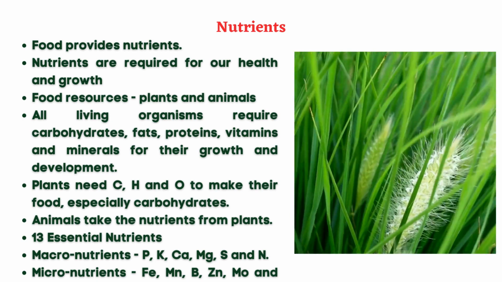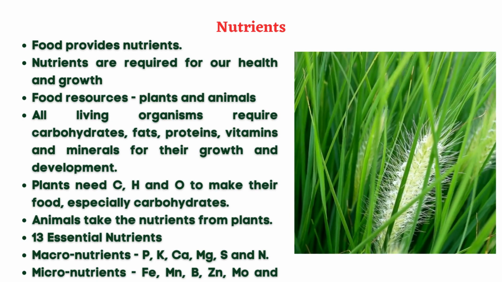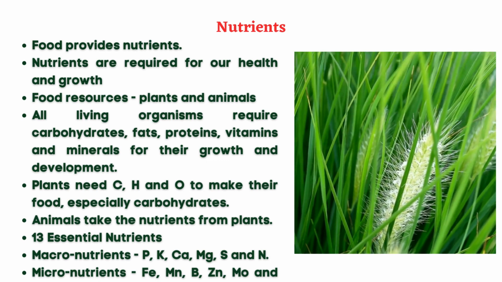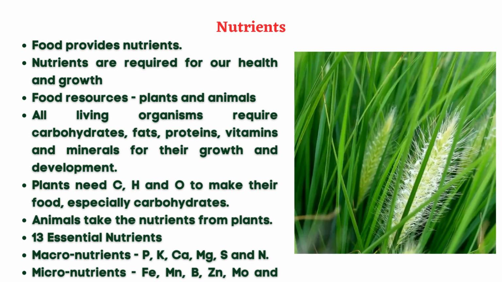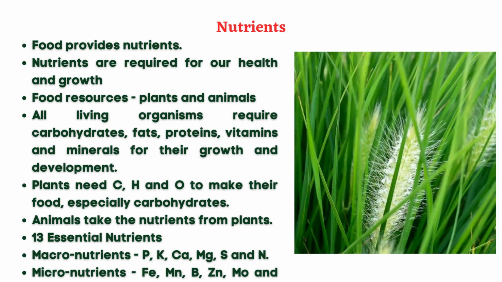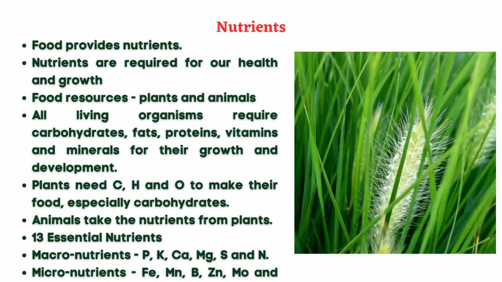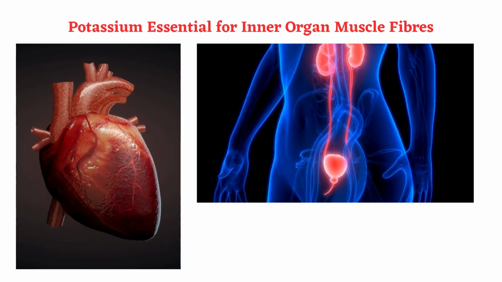The same potassium is also required by the grass, because grass also needs, paddy also needs, plants also need some nutrients. This potassium gives a very good strength to the inner muscle fibers of our inner organs.